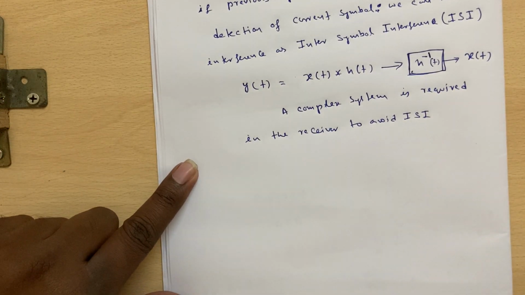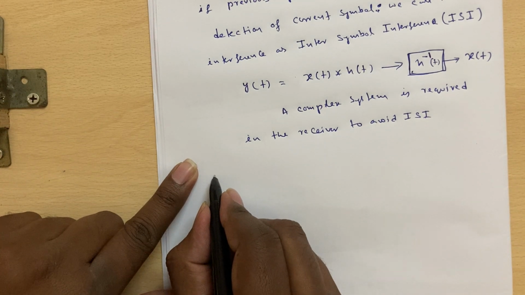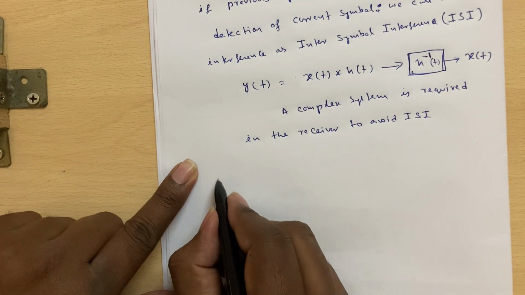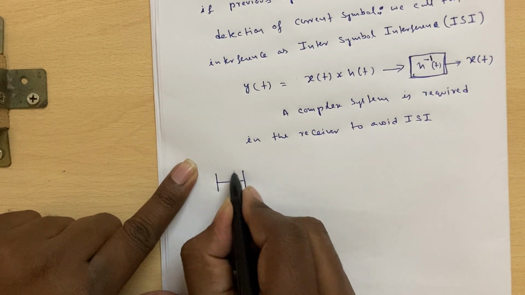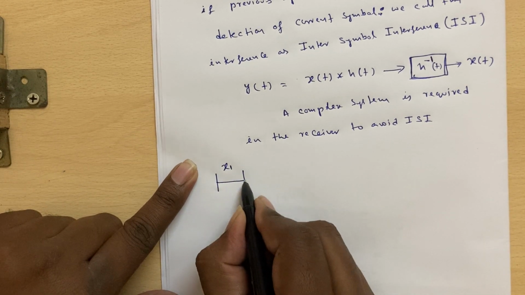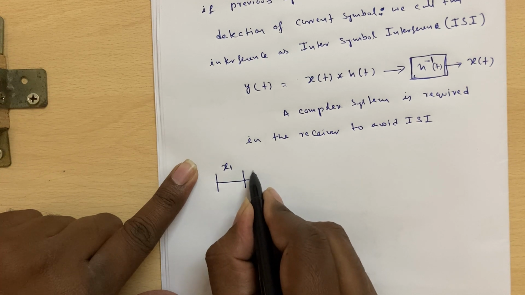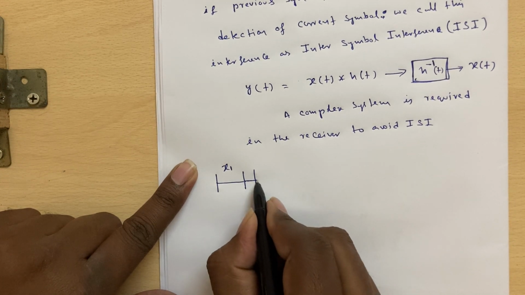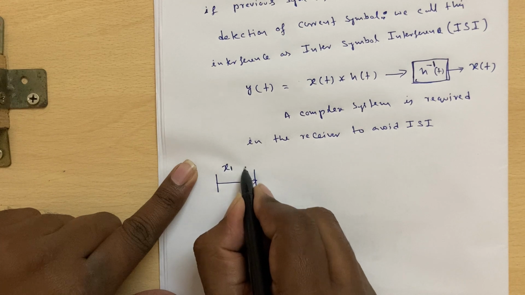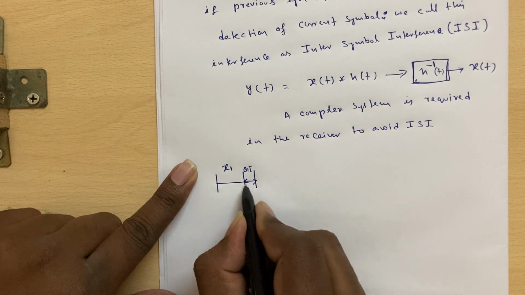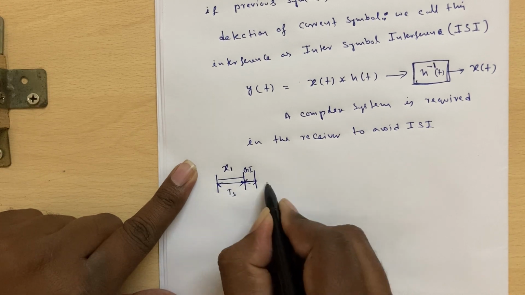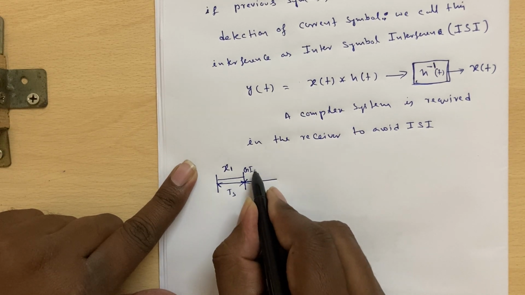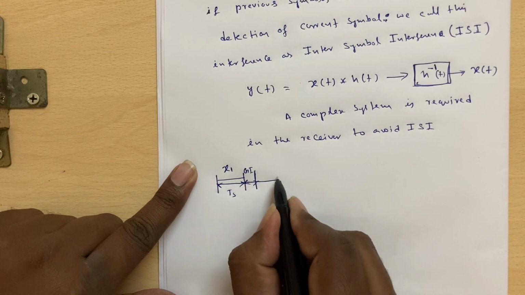Or you can do one more other way where you give some guard interval time. It means you transmit a symbol x1 and you do not transmit any symbol over the period of the guard interval. So this is Ts, and again you transmit the next symbol x2 after giving some gap of guard interval time.